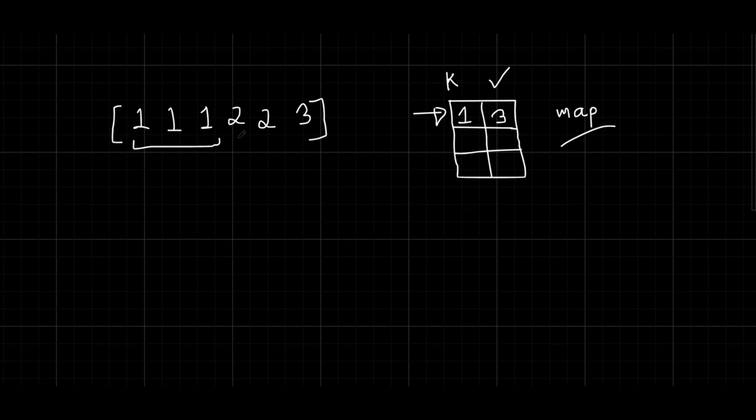Now again the second entry of this map is 2 and 2, because the element 2 appears 2 times. And the third entry of this map is 3 and 1, because the element 3 appears 1 time. So here we have found 3 entries of the map.